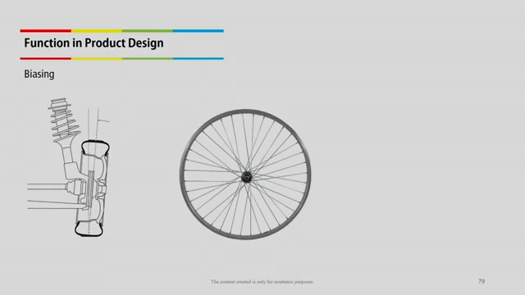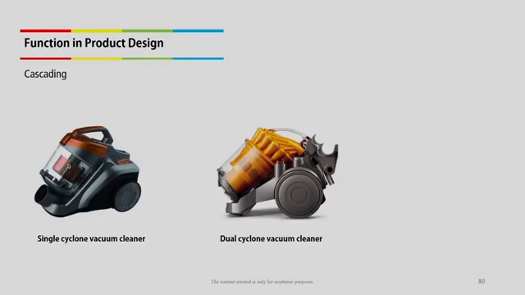In a bicycle wheel, spokes are put in tension, and under load condition, which is compressive in nature, the resultant forces tend to 0. Next strategy is cascading. Cascading comprises the use of multiple elements like multiple blades, fans, multiple stages, which results in greater output from the machine.